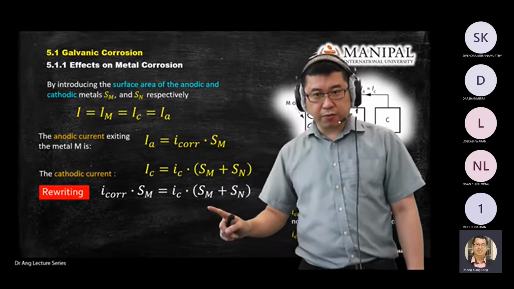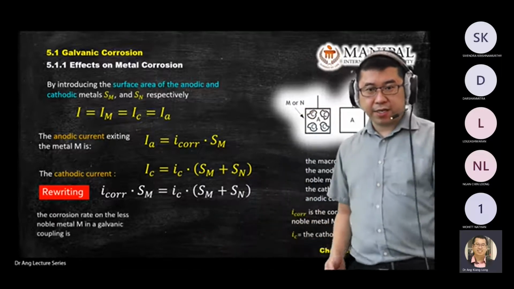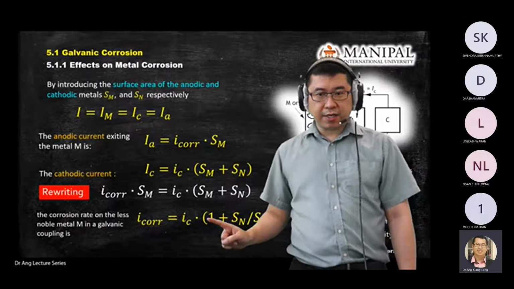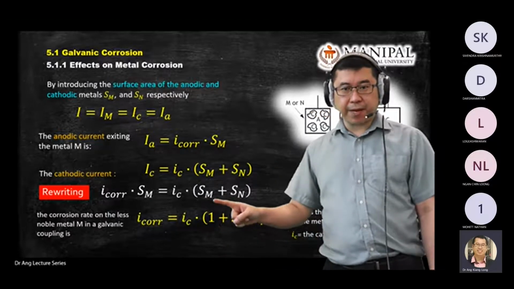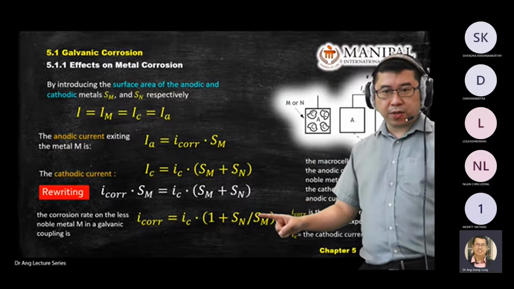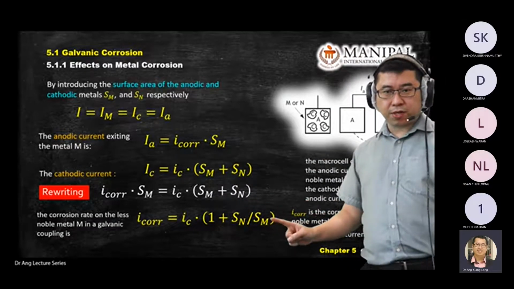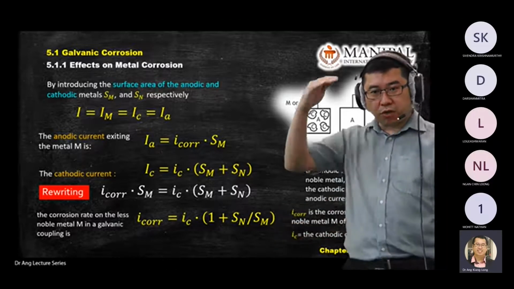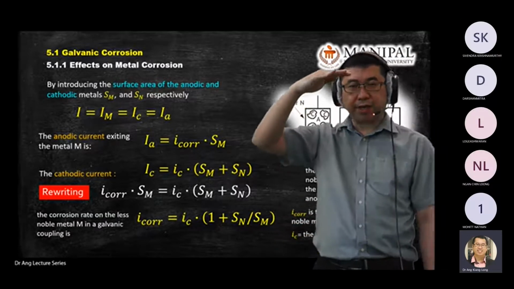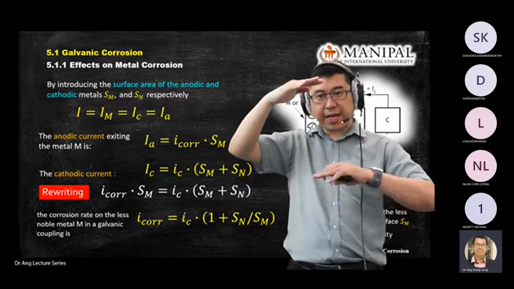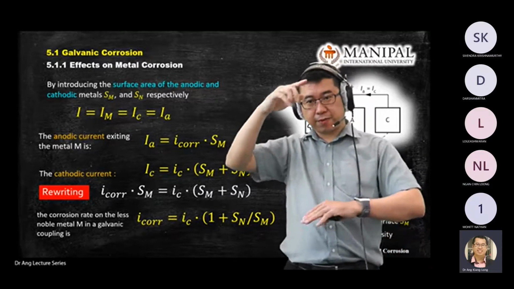This one moves to the left-hand side. You get i C multiplied by this one divided by S M. So this becomes the ratio S N over S M. It becomes a ratio between the noble metal and the less noble metal.